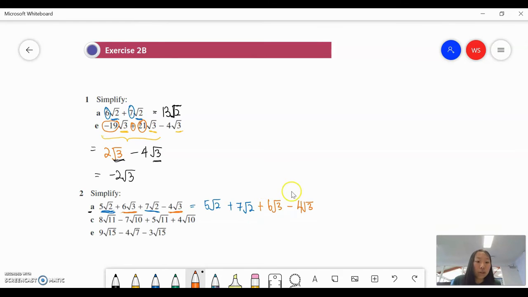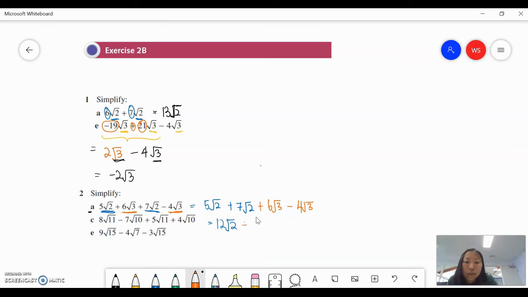Okay, so in reorganizing that, we can now begin to add up our like surds. With 5 square root of 2 plus 7 square root of 2, you're just basically adding up how many groups there are. So 5 groups of square root of 2 here plus 7 groups of square root of 2 here. So just adding up 5 and 7, that will give us 12 square root of 2.